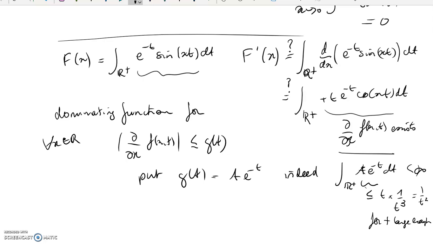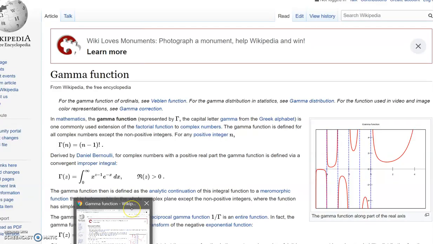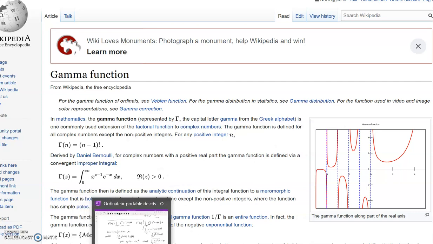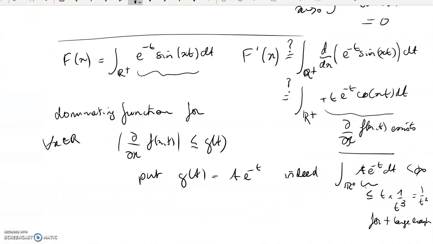Okay, right, so I have found a dominating function that is integrable, and then I can just directly, sorry about this, let's get back to our stuff.